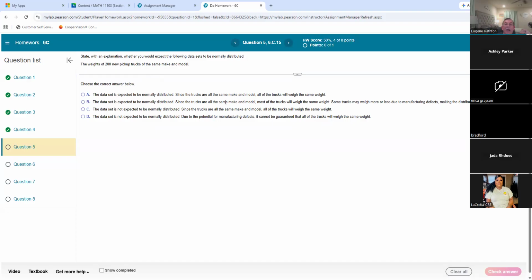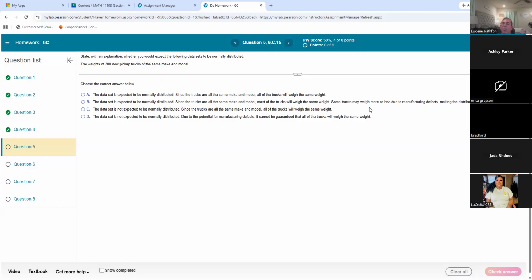But remember, that does not mean they're all the same weight and same size. Will weigh the same because of manufacturing defects. So what about B? Since the trucks are all the same, most of the trucks will weigh the same. True.